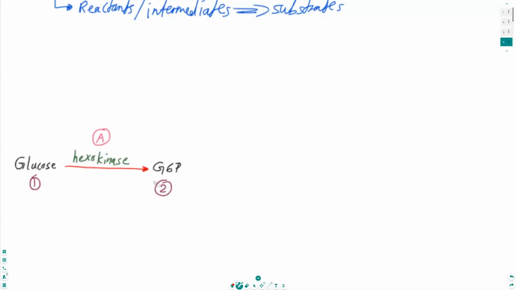The next step is that this G6P gets converted into fructose 6-phosphate, or F6P. Again, you'll learn about this more in year 2.